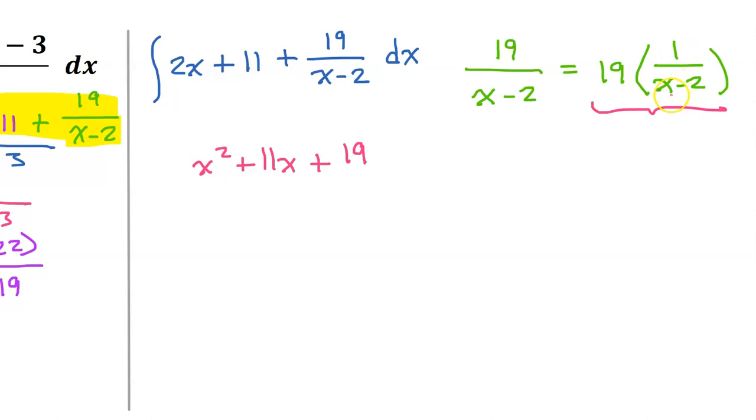Technically I'm doing u-substitution, but if u is x minus 2, u prime is 1. So I should be able to do this mentally. So fine, this is 1 over u. So that means the integral is going to be the natural log of u plus c. And u was x minus 2. So I just put natural log x minus 2. And that's it.